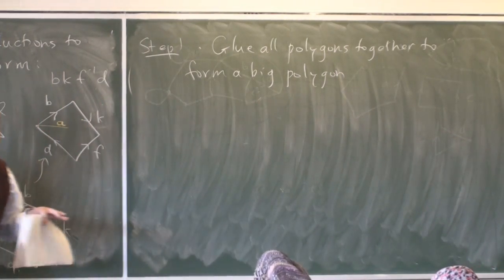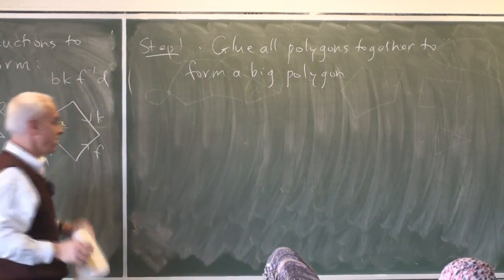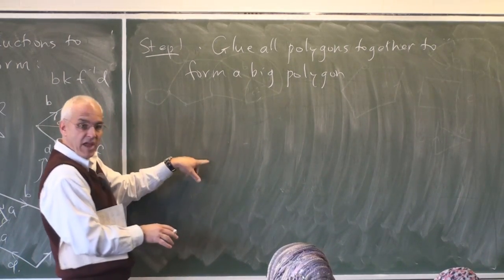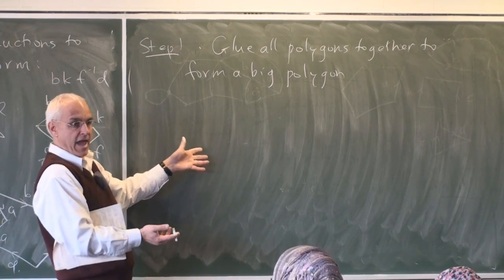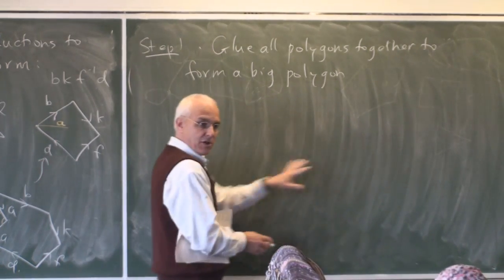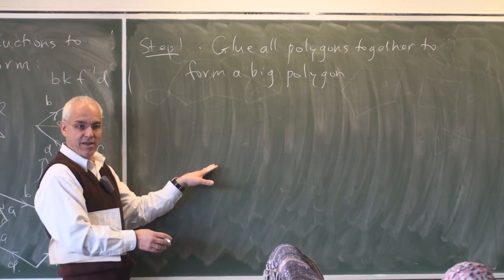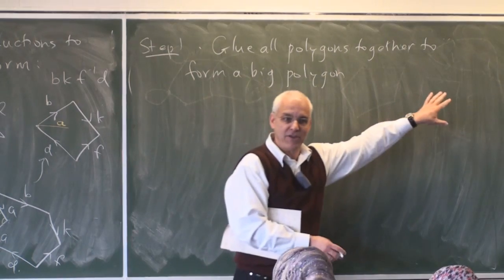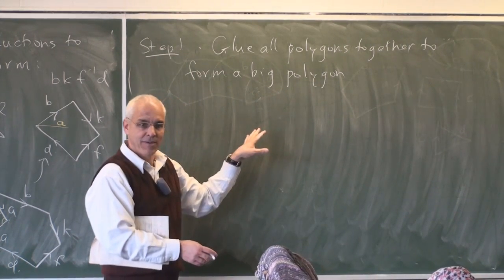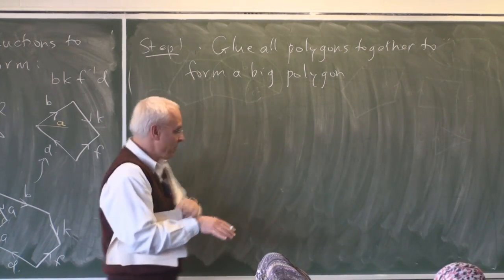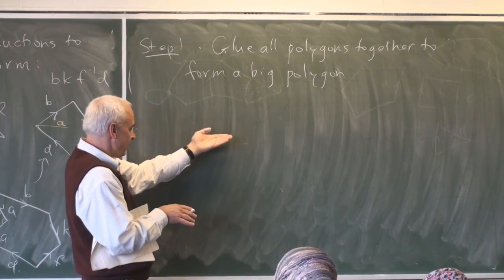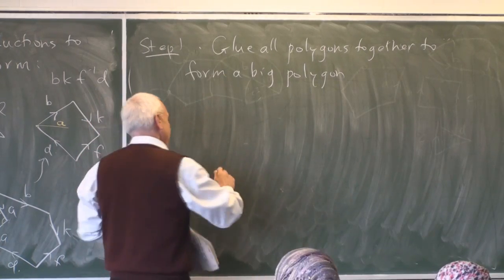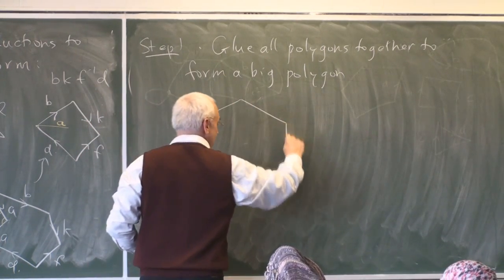We started with many little individual polygons with these edges opposite, and whenever we have one polygon, we just look for one of its edges, a free edge, say K, and then we look for the other polygon that has a K, and we just glue the two things together along the edge K. Now we have a bigger thing. Then we look at one of those free edges and look for another polygon that we haven't used yet and glue it together. We're not folding any existing polygons onto themselves. We're just taking ones that we haven't attached yet and attaching them.